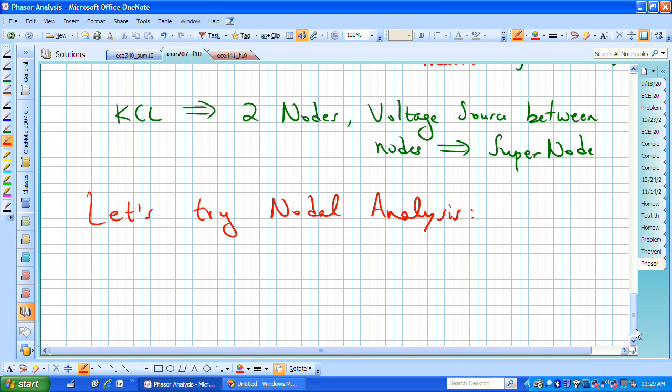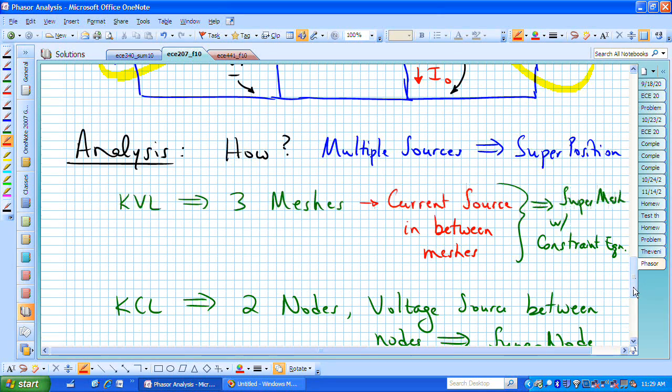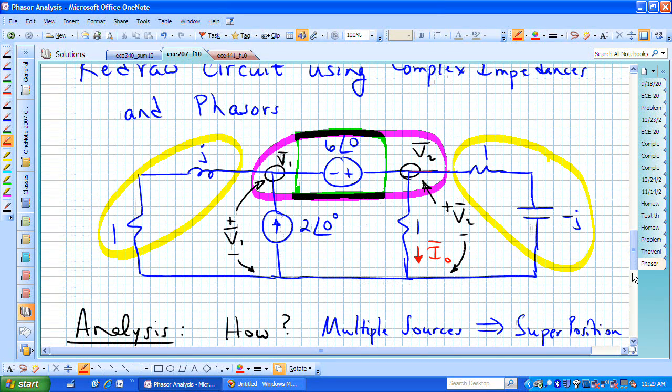in this particular configuration. And let's write a KCL at the supernode, and I think I highlighted that in maybe a purple color before. If I do that, then let me say that this current I will call I1.